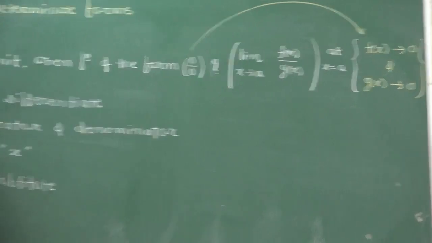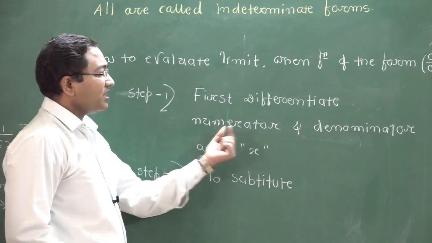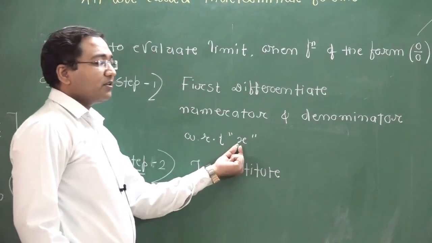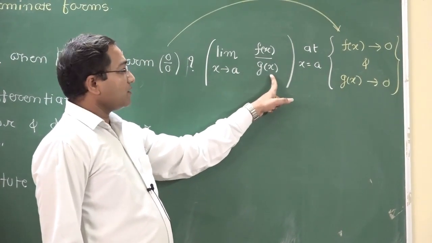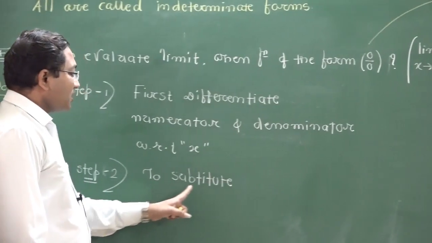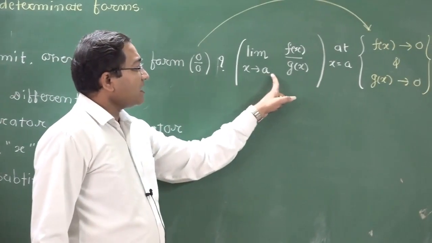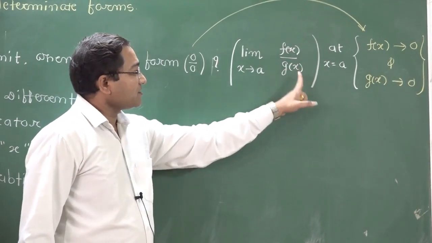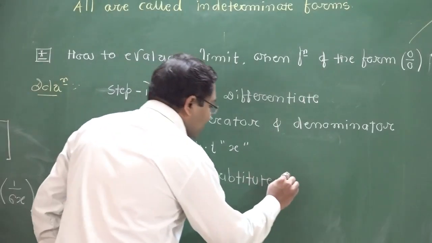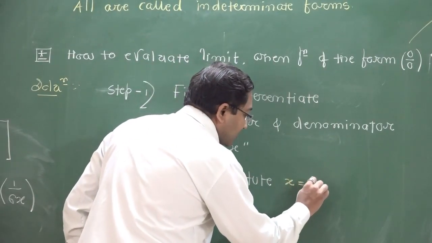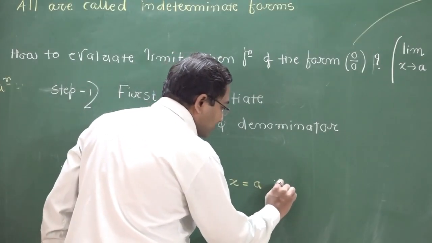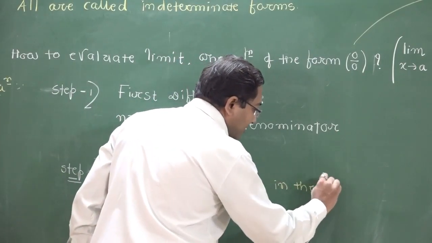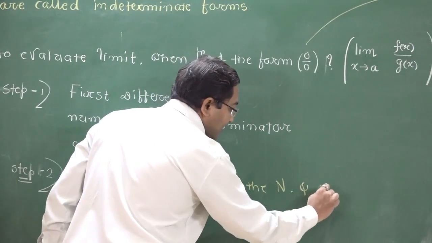In this case, first differentiate numerator and denominator with respect to x, and next substitute x equal to a in the differentiated numerator and denominator.